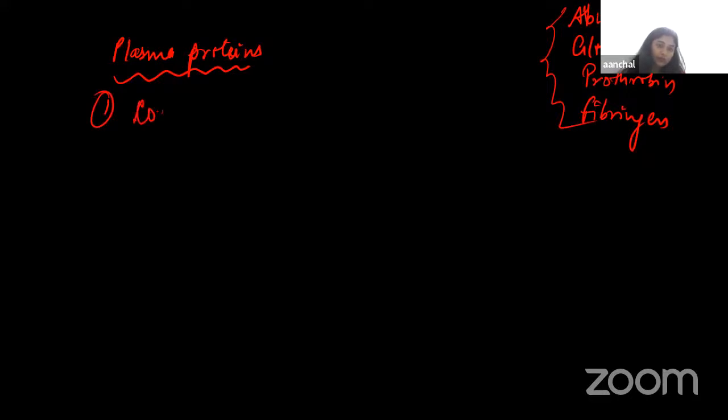coagulation of blood. Okay, so the plasma proteins are very useful in the coagulation of blood due to the presence of several plasma proteins like prothrombin and fibrinogen, and other coagulation factors which are also protein in nature.